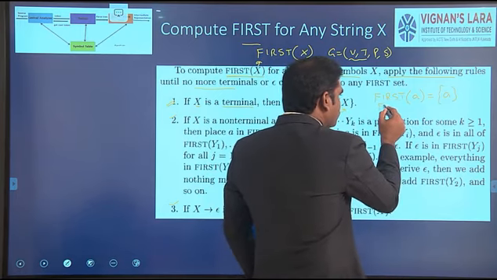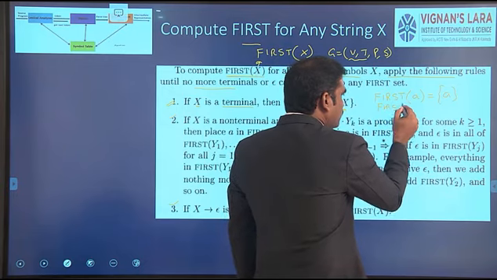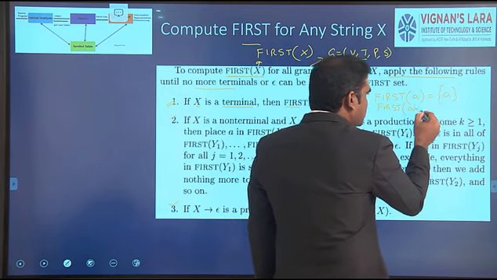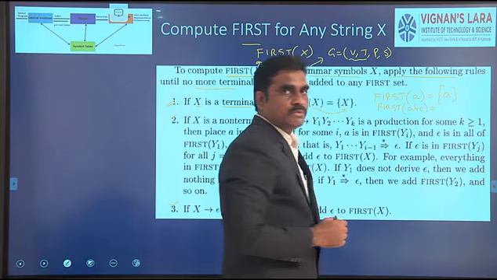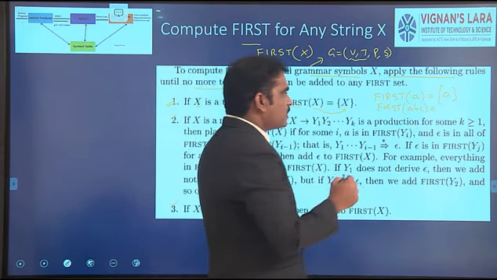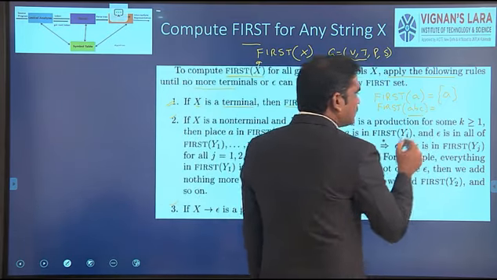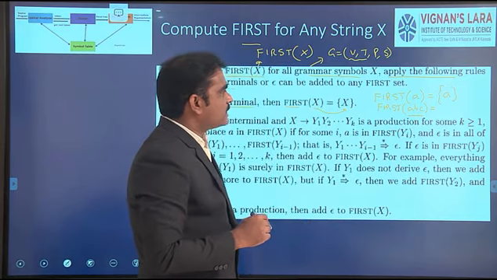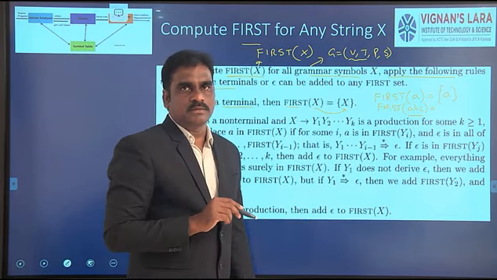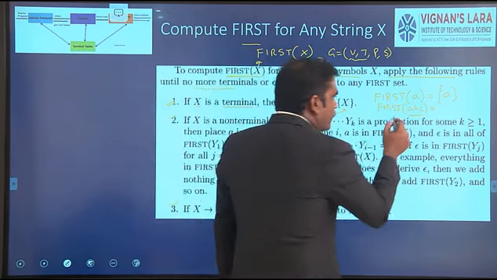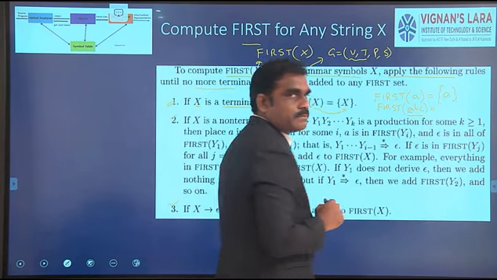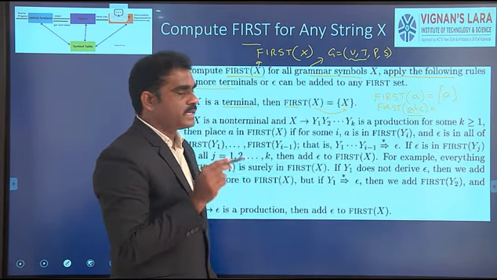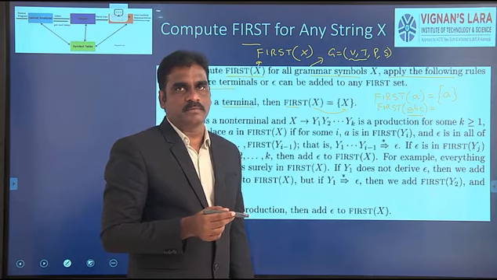Same way, for example, take the string ABC. First of ABC. Here the string length is 3, but we have to compute first. First means we have to choose only the first symbol, whether the first symbol is terminal or non-terminal.